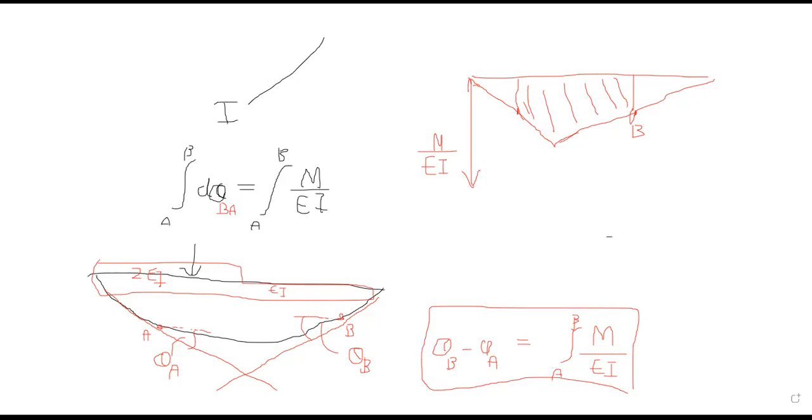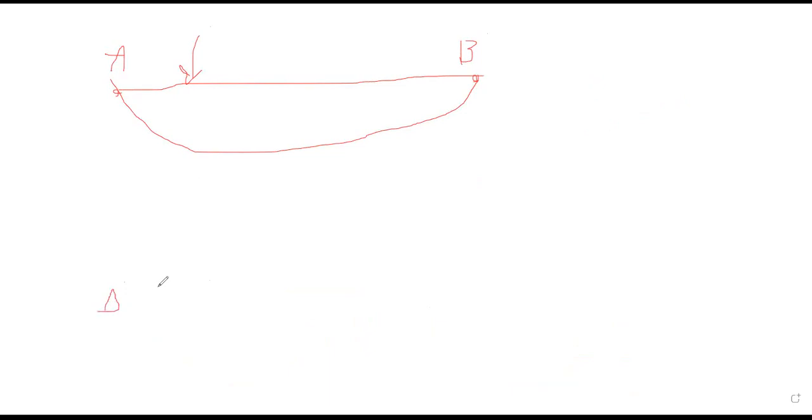And the second theorem says, let's call this A and let's call this corner B. It tells you delta B over A, right?